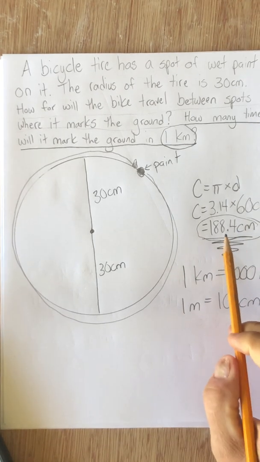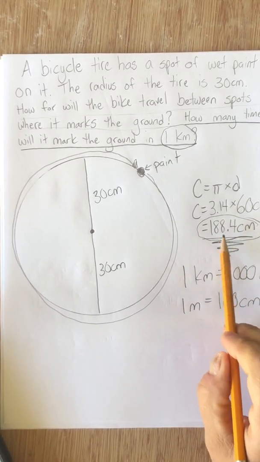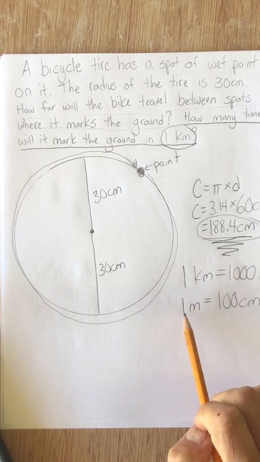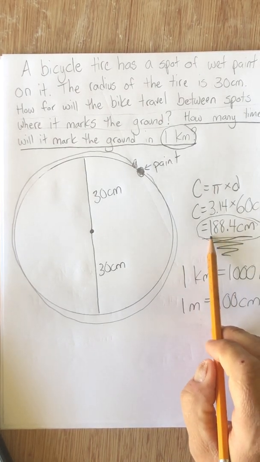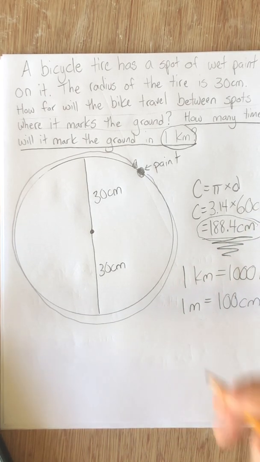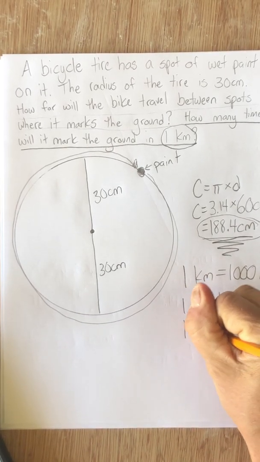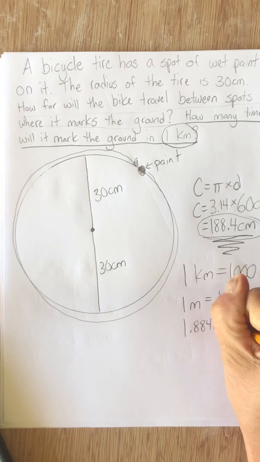So here we have 188.4 centimeters. We can do a quick calculation and see, okay, it takes 100 centimeters to make a meter, so that's 1 meter, and this other part becomes my decimal. So this 188.4 centimeters is 1.884 meters.